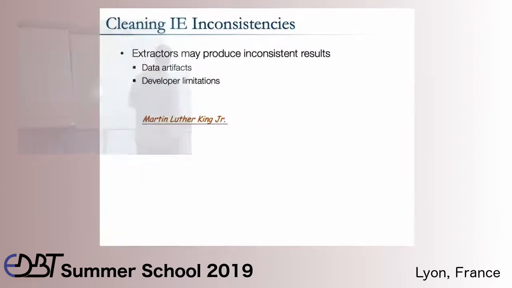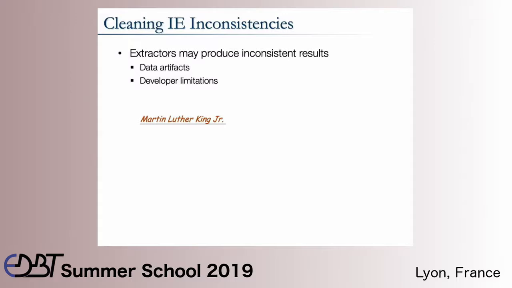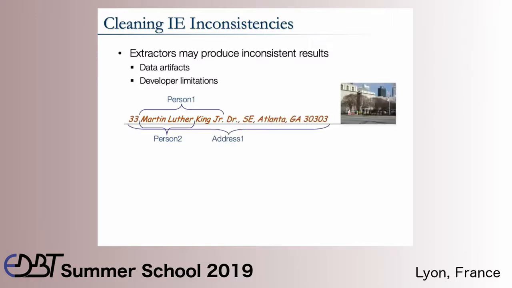A typical example is that we have an extractor saying, well, here I have a person, Martin Luther King Jr. extracted, and another one would say, hey, I have another person here, but you see that they overlap, and another extractor will come and say, well, this is all part of one big address. So in the end of the day, you have three extractors giving you three entities with overlapping spans.